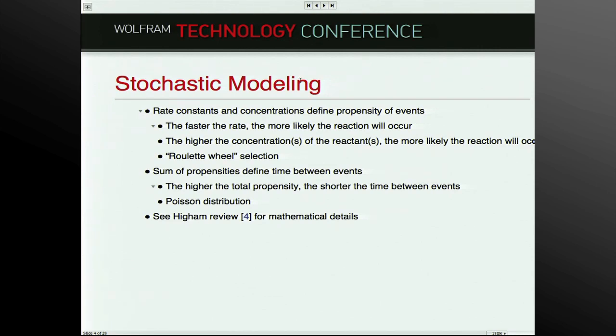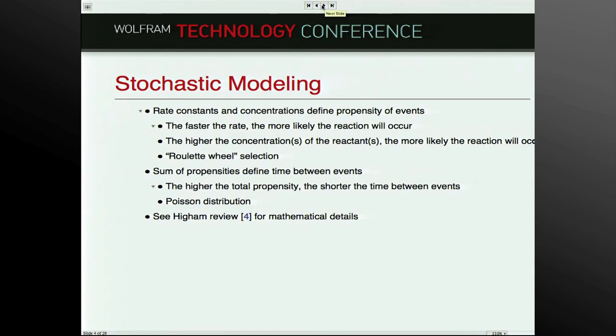So what we do then, to do this sort of modeling, it's a Poisson process, and we essentially throw the dice to find out what reaction is going to happen next, what biological event is going to happen next, and then we throw the dice again a second time to find out how long to wait. The probability distribution that we use for choosing the event is much like a roulette wheel type process, and I'll go into some details about that.